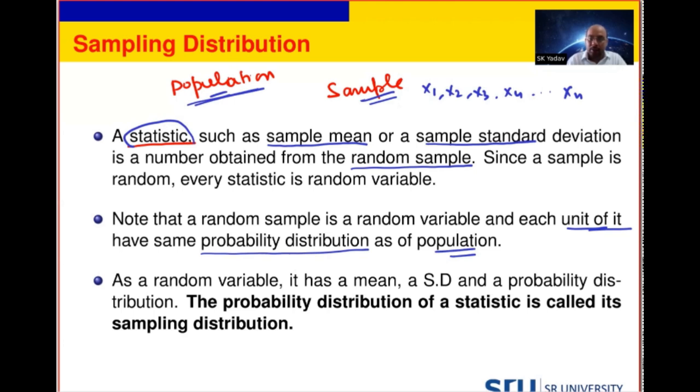And that means whenever we form a statistic such as the sample mean, it also has a distribution. That is called a sampling distribution. So the probability distribution of a statistic is called its sampling distribution.